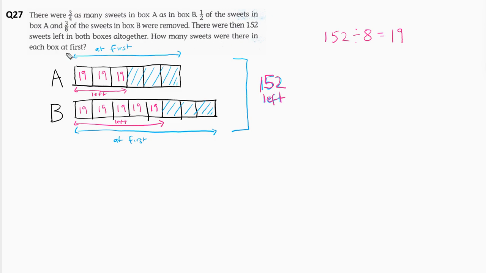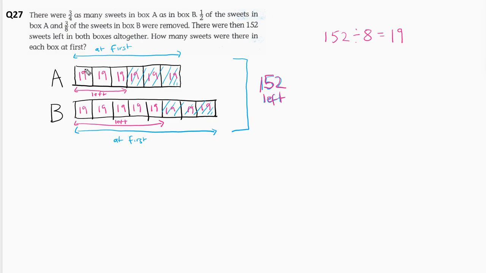In fact, because we're interested in how many sweets there were in each box at first, I don't have to draw it all in, but I will, just so you're confident that each of these parts represents 19 sweets. So what do I need to do?